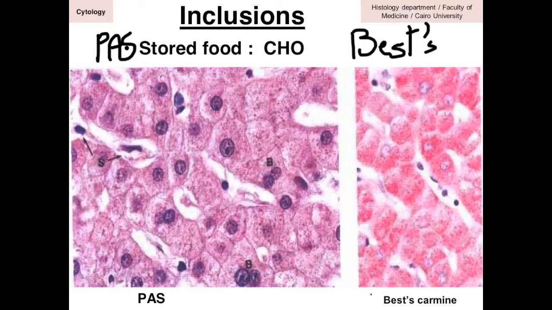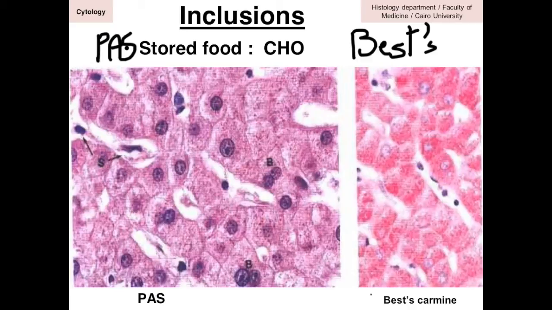Of course, you notice the color here is red, but here it is purple, or what is called magenta red. These are the liver cells. This is the nucleus, and these dots represent the stored food. This is a blood sinusoid, of course, between the liver cells.